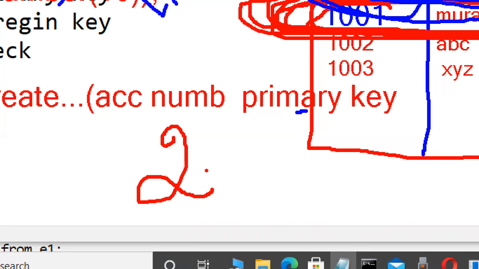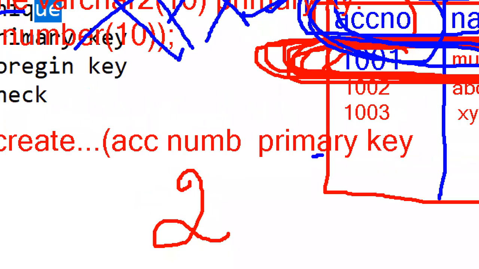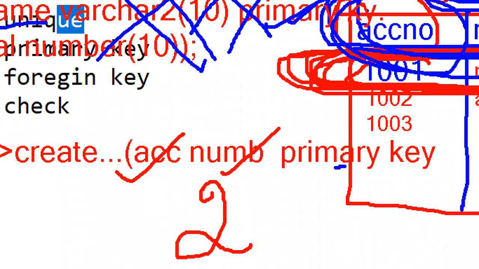The syntaxes we have learned up to now, column name, data type, immediately constraint type, are called column level syntaxes.